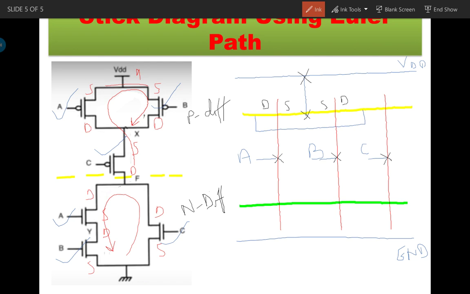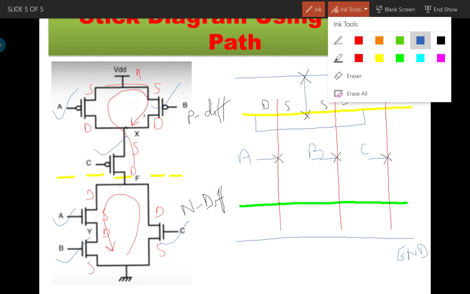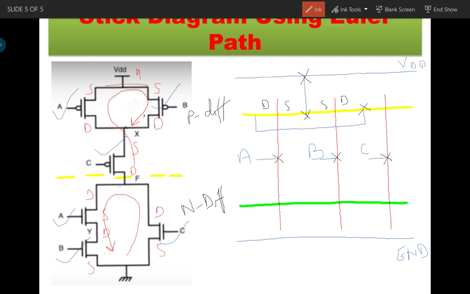So both the drains are connected together, joined with the black cross. So the drain of A and the drain of B are joined together. Okay, now next, come to the lower side, the NMOS.